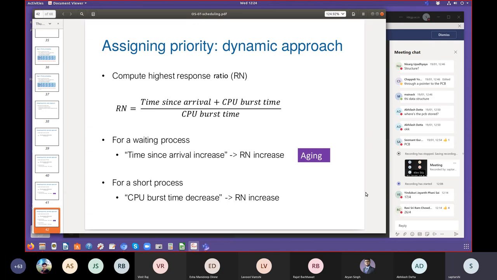Okay. What is the idea here behind this point? I think the idea behind aging is clear, to prevent starvation. A process waiting for a long time, we increase its priority. But what is the motivation you think behind this second point? Or what is the idea?